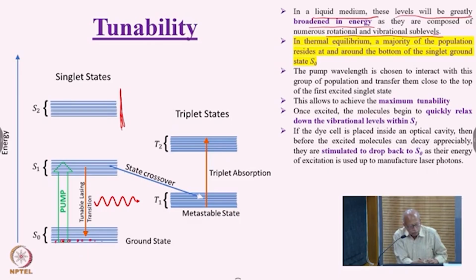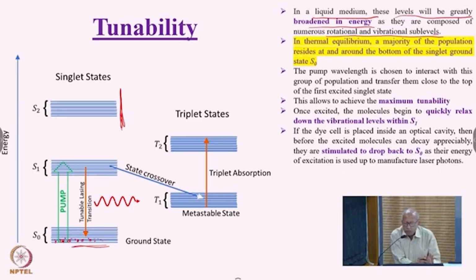If you of course increase the temperature, then gradually the levels which are above the vibrational levels will start getting populated. But most of the population in the beginning at a normal temperature would stay around the bottom of the singlet state, around here.